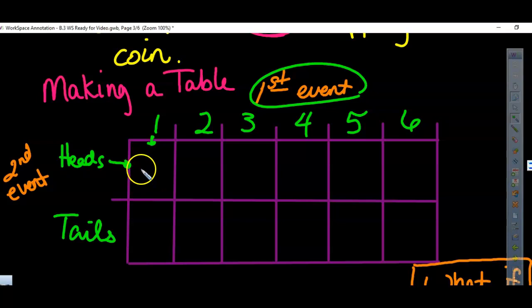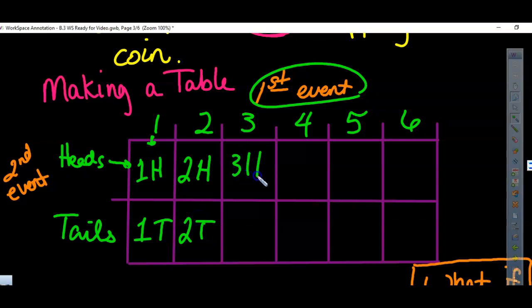So this box would represent rolling a 1 and then flipping heads. You could say H1, or you could say 1H. Okay. This box right here would be the 1 tails. I'm going to put the numbers first because that's technically our first event.